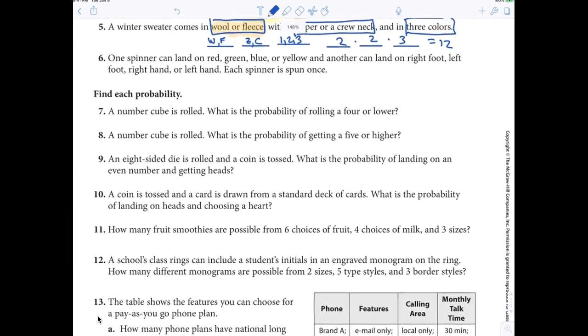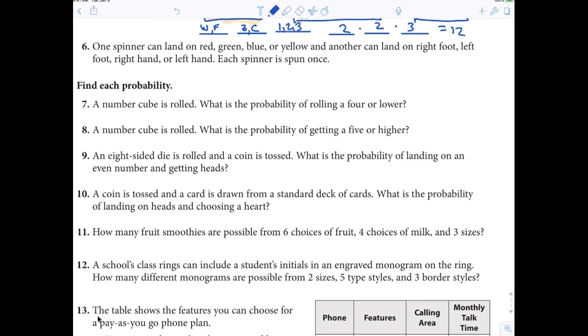Okay, so let me see if you can do this, Carly. I want you to read number 6 to me. One spinner can have red, green, yellow, and it's spun what? Okay. So how many options are we going to be doing? How many events are happening? What are you going to spin?